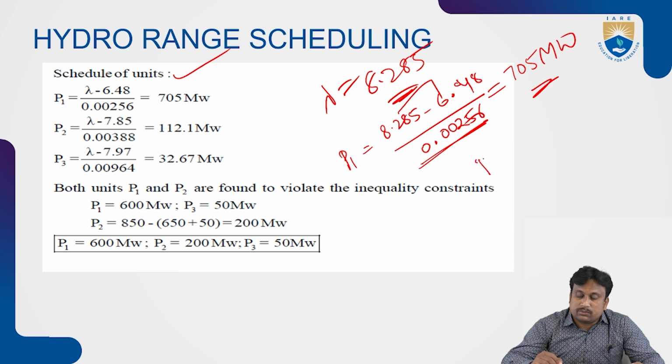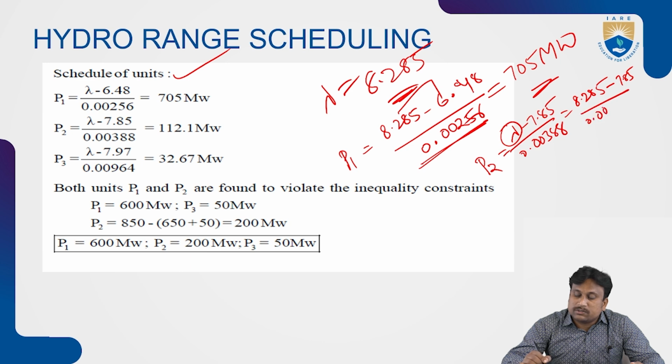Similarly, for P2, lambda minus 7.85 by 0.00388. Here the lambda value we have is 8.285, minus 7.85, divided by 0.00388. Subtracting, you get P2 as about 112.1 megawatts.